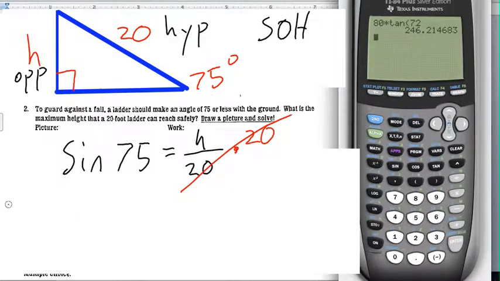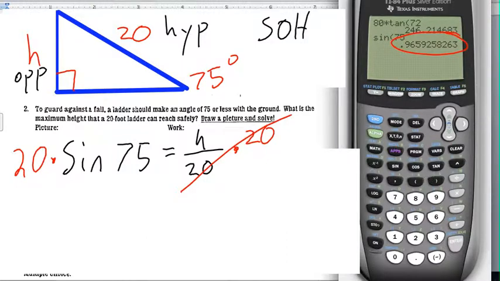You do not have to convert sine 75 to a decimal. I did that the first few days. I really wanted you guys to do that because I wanted you to understand that it's not the number 75. It's whatever this number is. I just wanted it to be clear that sine 75 does not mean 75. It means some other value.